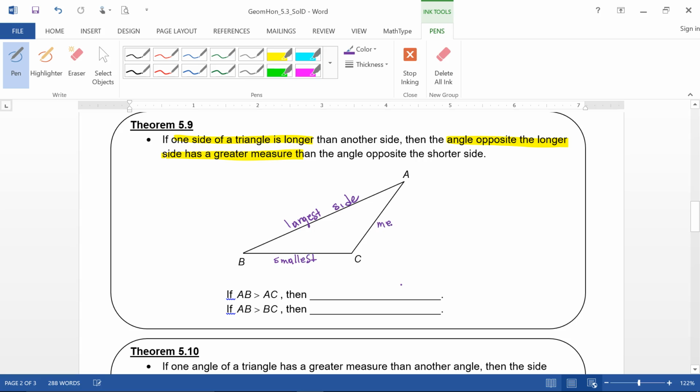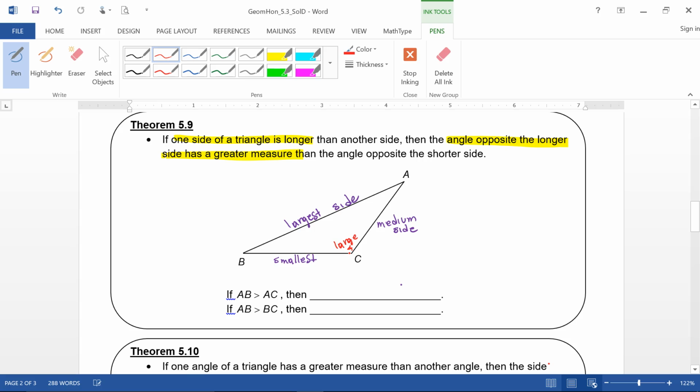That makes this the medium side. Right? Now, which one is the angle opposite to the largest side? C. The quick way to do it, you can obviously look, but also if this is side AB, the letter that you didn't use is the opposite side, C. Opposite angle, C. Okay? So that means that this is the largest angle.